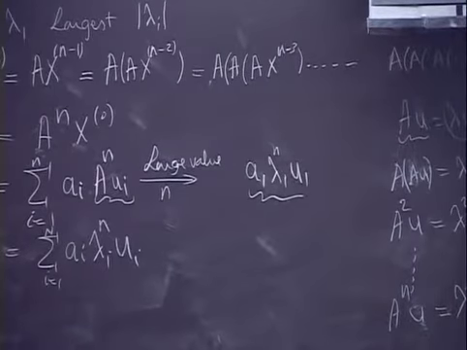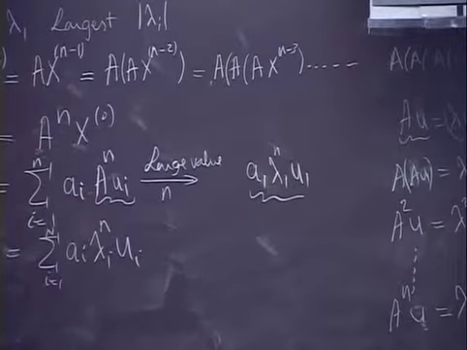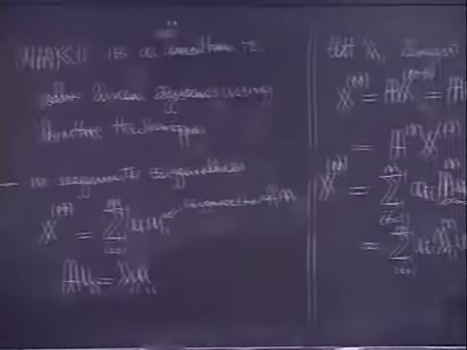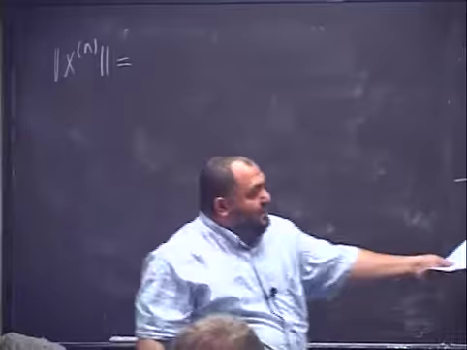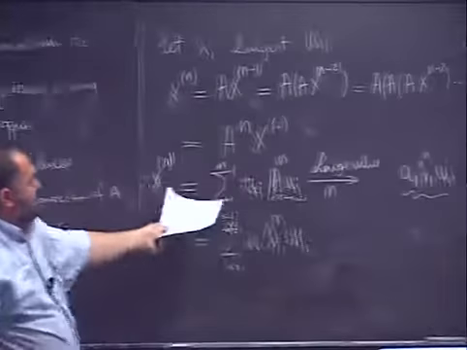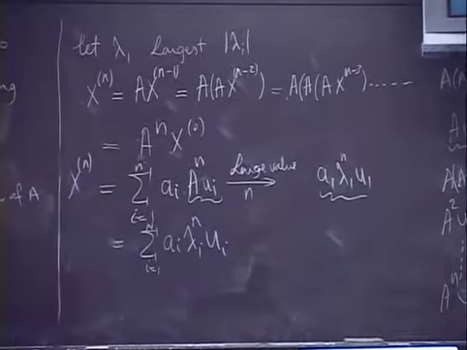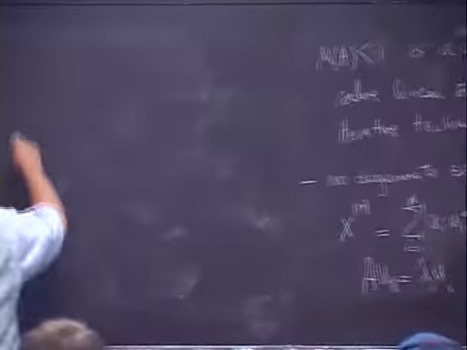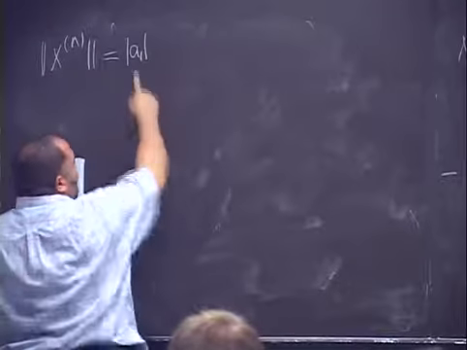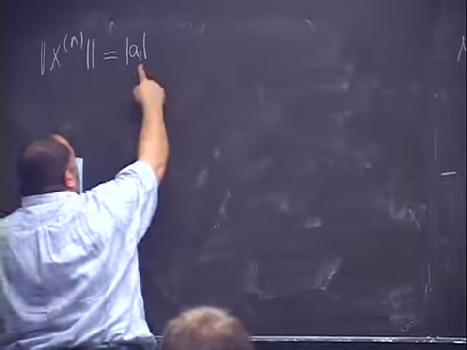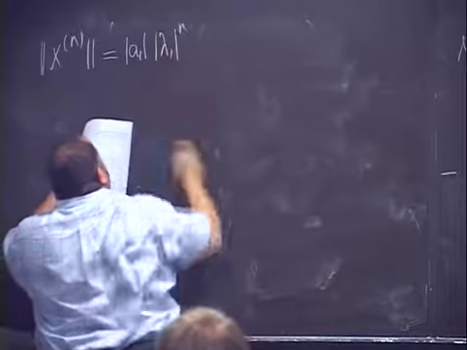So what will be the amplitude, or modulus, of x_n? If x_n is given by a_1 lambda_1 to the power of n u_1, what's the modulus of this? The modulus is |a_1|, because a_1 is just a number, so I write the modulus like this, and lambda_1 is also a number, so I write the modulus like this.